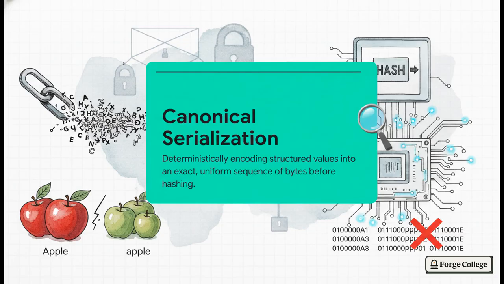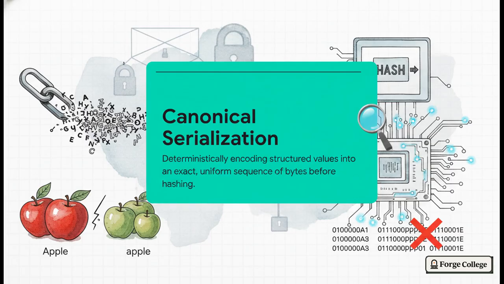Look, here's the thing about computers. They're aggressively literal. They have absolutely zero common sense. To us humans, a capital A apple and lowercase a apple are the exact same fruit, right? But to a computer, a single unexpected uppercase letter, or even a stray space, completely ruins the whole hash. The byte sequence must be identical, every single time.